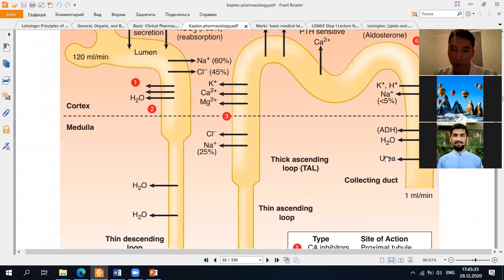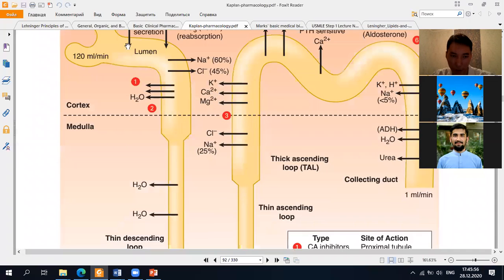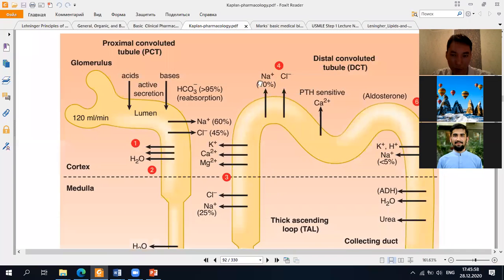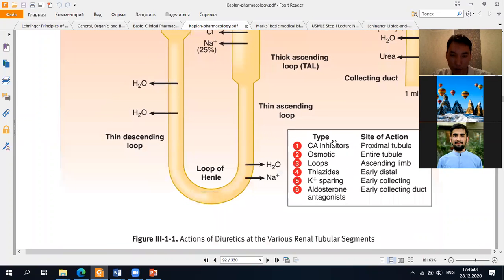In the collecting duct, there is also a reabsorption of water and urea under the ADH hormone. And after that, it is going to be entering the urinary bladder. Now, these are all the parts of the nephron cell.